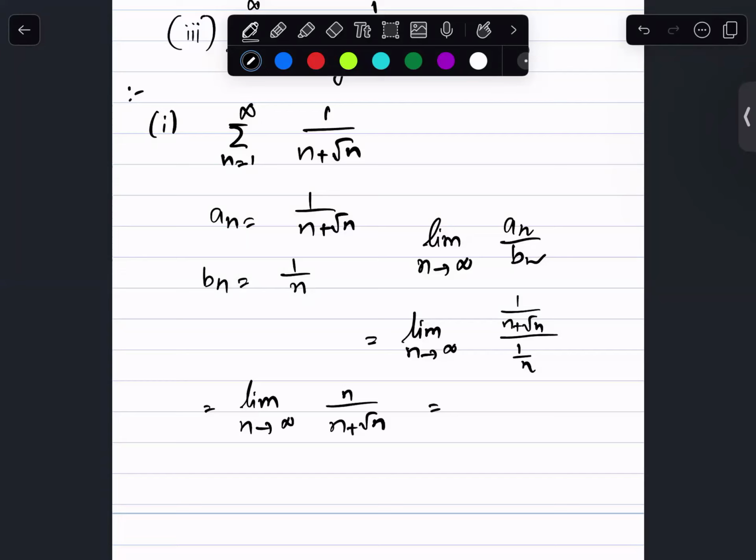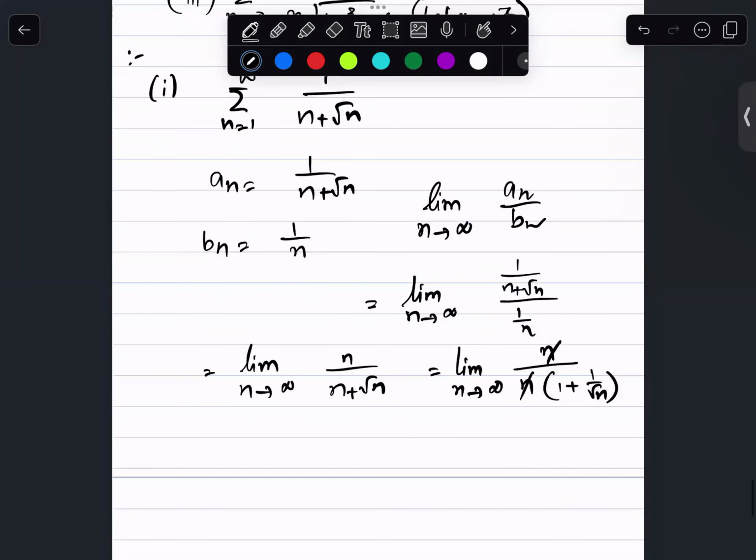Then take n factored out from the bottom, and n goes away, and then I have limit n tends to infinity 1 over 1 plus 1 over square root n, which is just 1 over 1 plus 0, which is 1.